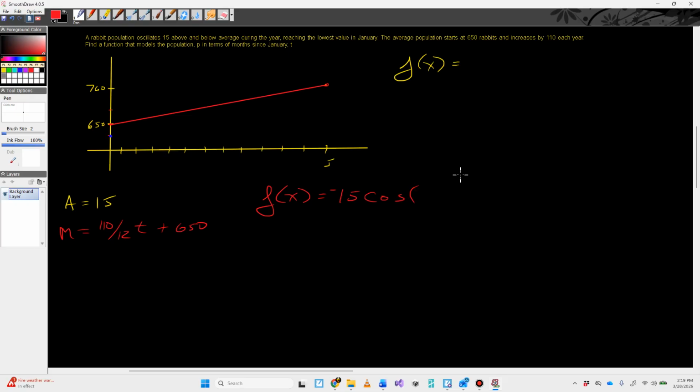My period is a standard set of months, so that's going to be pi over 6. No phase shift, so x times pi over 6 plus my midline, which is 650, plus, we'll just simplify that to 55 over 6 t. This is the function. Whatever I wrote before, it's kind of meaningless.